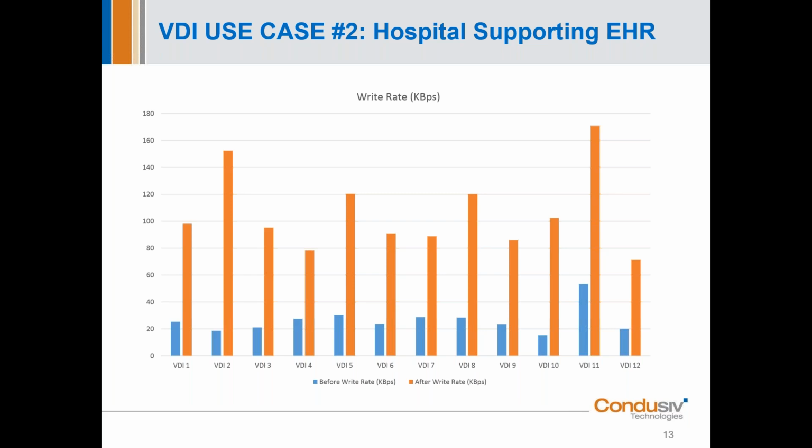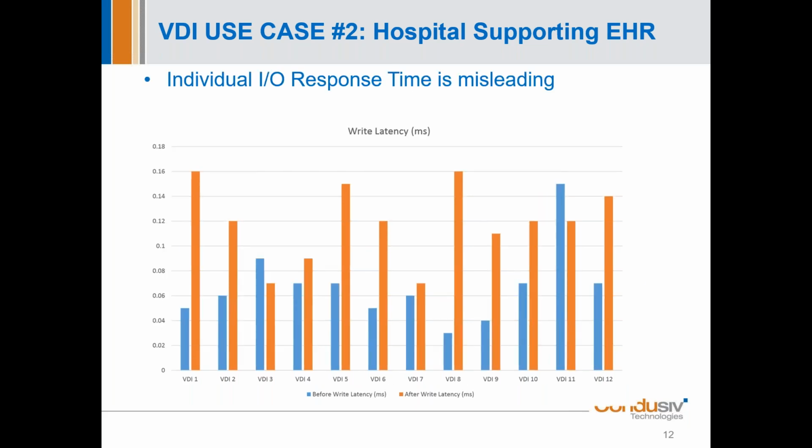So Jennifer, if you wouldn't mind, could you flip back to the previous slide? And let's take a look at the write latency again, because sometimes the latency gets up to maybe 3 times longer.